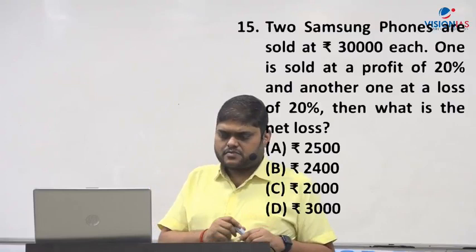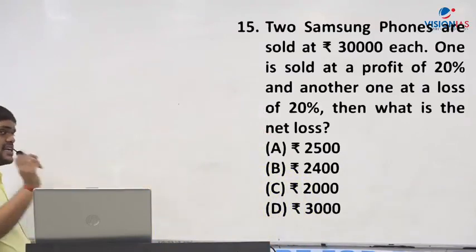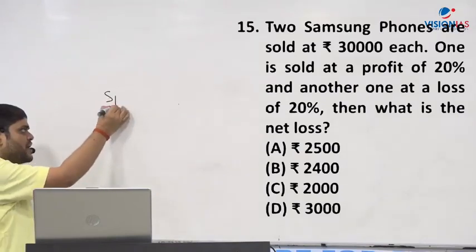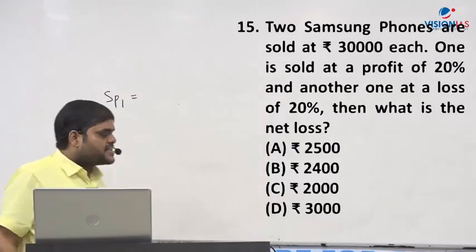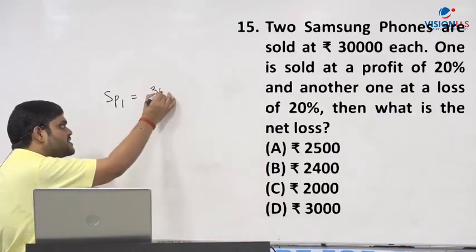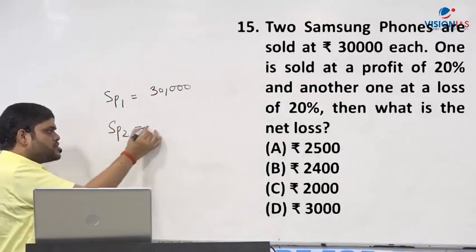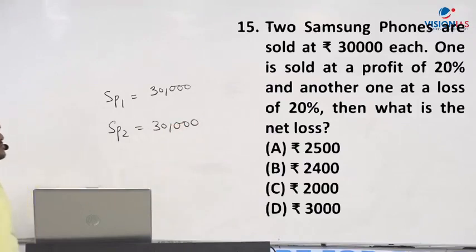Okay, so what is given here? Not the cost price, the selling price is given. SP1 is 30,000 each, and SP2 is also 30,000.